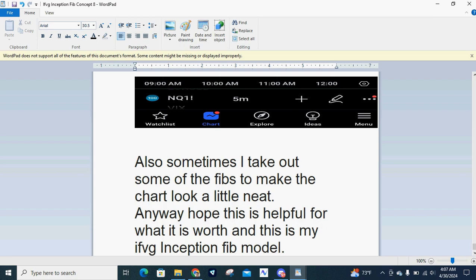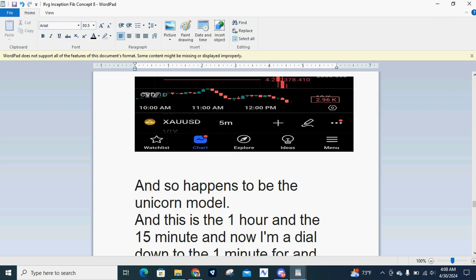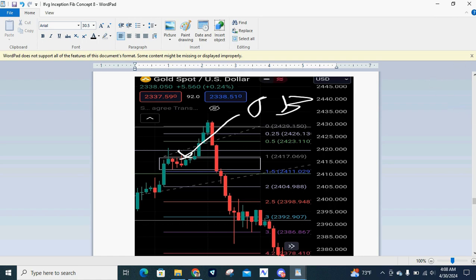Also, sometimes I take out the lower time frame fibs, just to make my charts look a little cleaner. But as long as it gives me what I need for my entries, I'm good to go. It's like I said, it's based on what's going on from the higher time frame to the lower time frame.